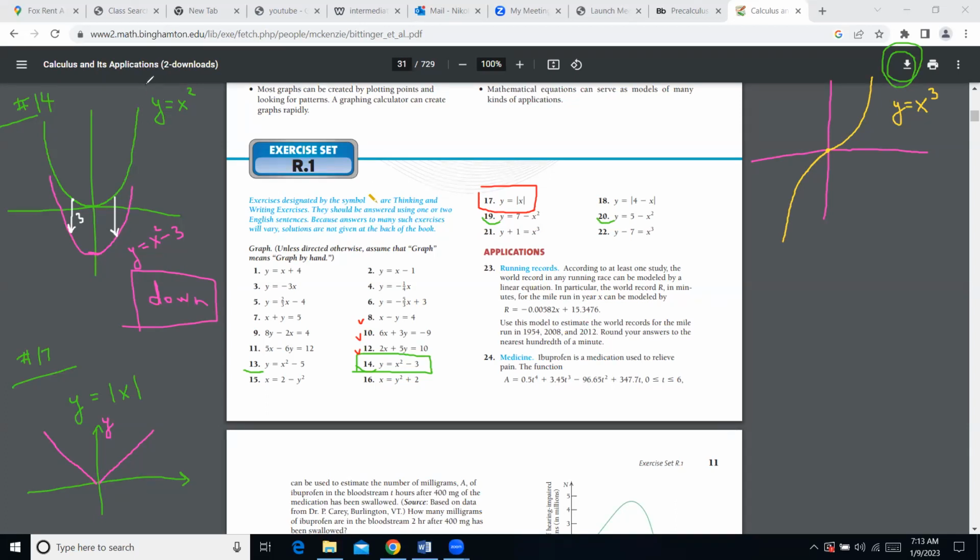So you can see the resemblance of x squared and x cubed. They behave similarly to the right from the y-axis, but then it goes down. So that's another function that is good to be familiar with.